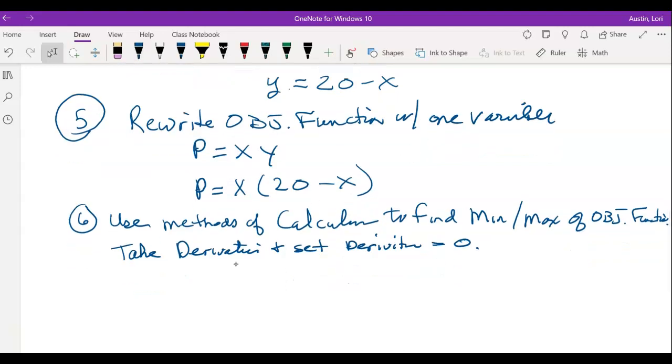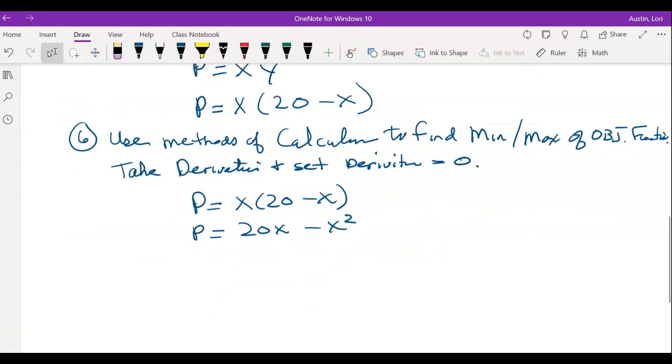All right, so here's my function again. Oh, this is a nice function. I can take P prime quite easily.